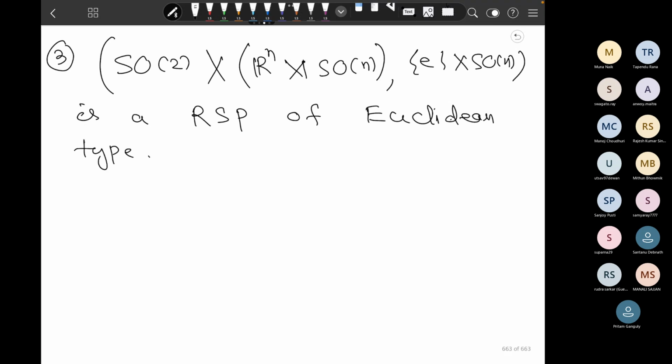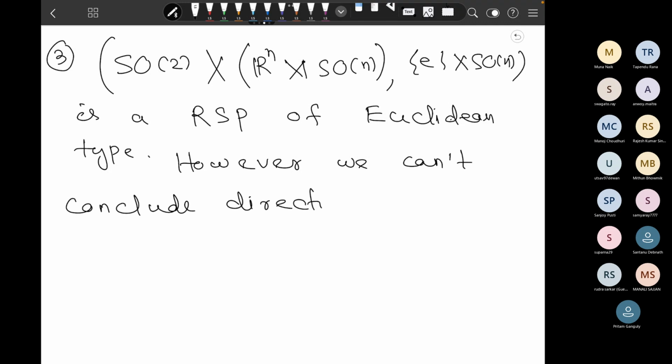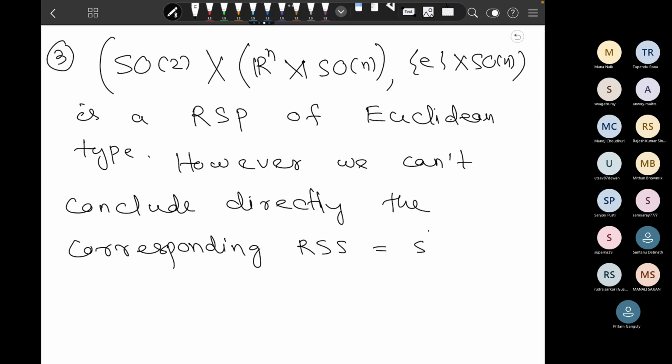However, we can conclude directly that the corresponding Riemannian symmetric space S^1 cross R^n is of Euclidean type.